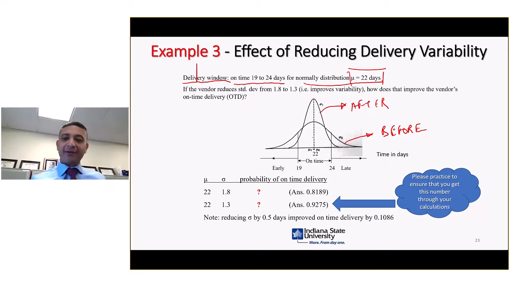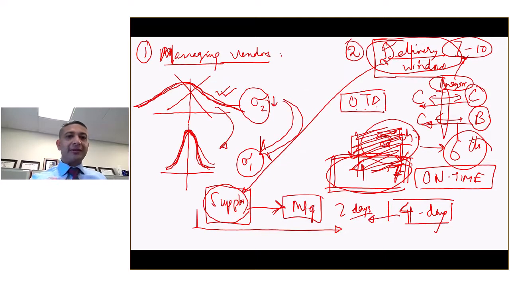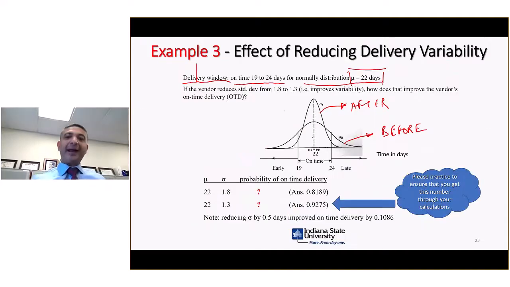So the idea, as I had mentioned in the previous slide, is when you are managing vendors, you are trying to convert the supplier from that kind of a distribution to a more narrow, lean distribution. And that's essentially what you're looking at. This is the initial stage of the supplier. Okay, so the supplier is already doing business with you.